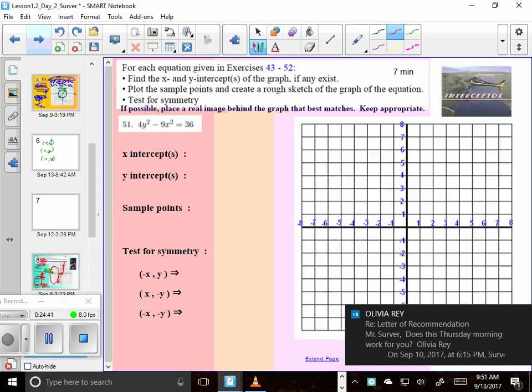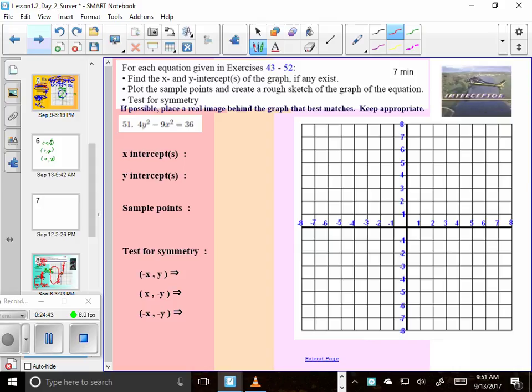So, let's look at this one. This is one of the ones you're going to have to do yourself. How are you going to figure out the x-intercept of this puppy? You're going to stick in y equals 0. How are you going to figure out the y-intercept? You're going to stick in x equals 0.